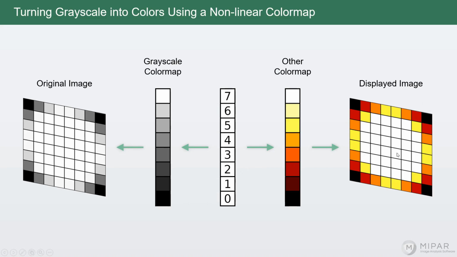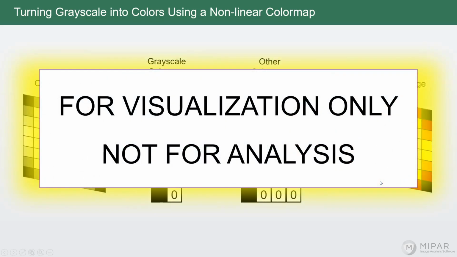You can't just look at this and say, aha, this color was this original intensity. So if you want to try to analyze this displayed image, you will lose a lot of accuracy in your information. So this is fine for visualization, but do not analyze these color mapped images. Only analyze the raw data.